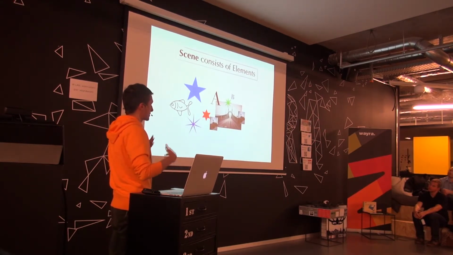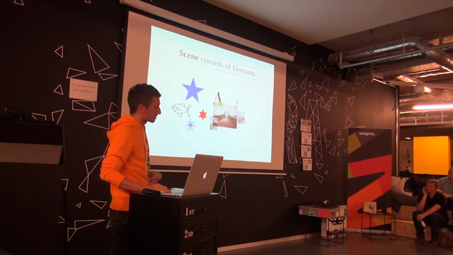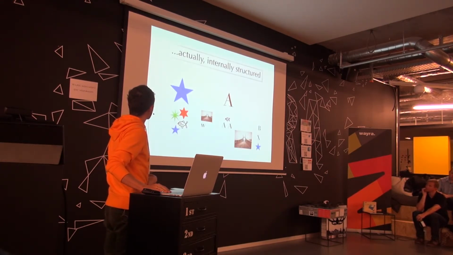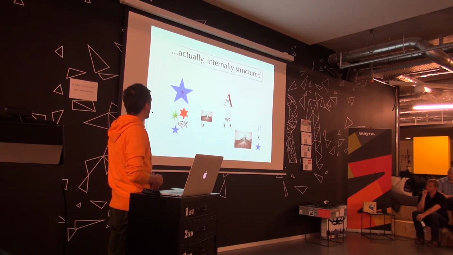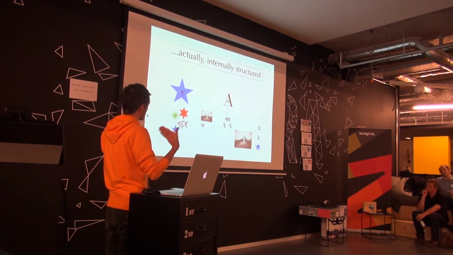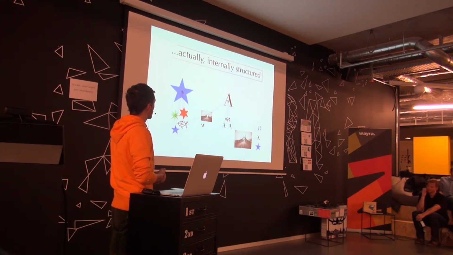The scene consists of different elements like shapes, text, and different stuff. They are structured in such a way that an element may be empty but may have some children.